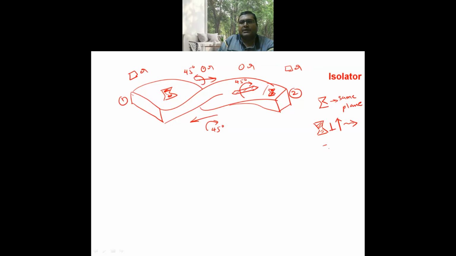If the plane of resistive card is parallel to the polarization of electromagnetic wave, the electromagnetic wave will not come out of the resistive card. Here I am assuming this vertical polarization is perpendicular to the plane of resistive card, so the signal will come out of the resistive card.